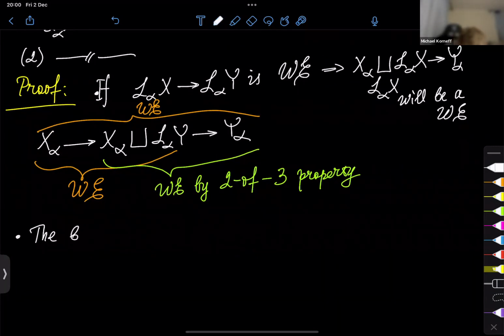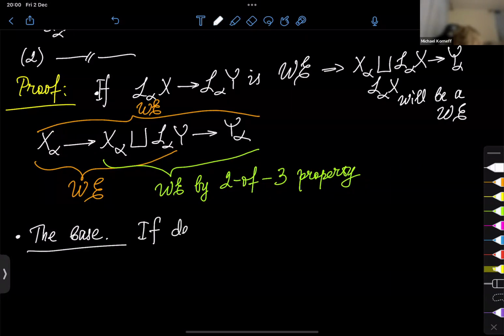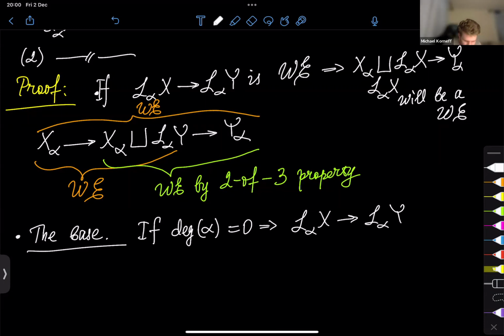The base of the induction: suppose that the degree of alpha equals 0, then this map is an identity map, because we know that these objects are initial objects, and initial objects are unique up to isomorphism, and this map is just an identity map.